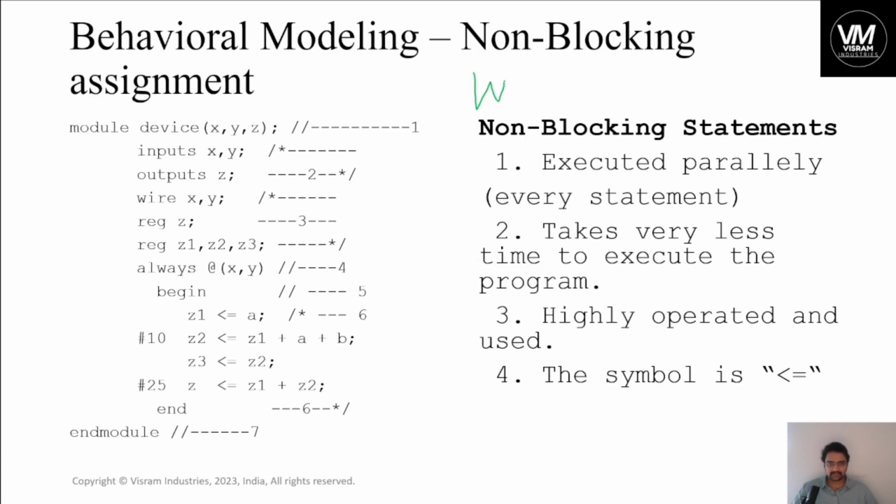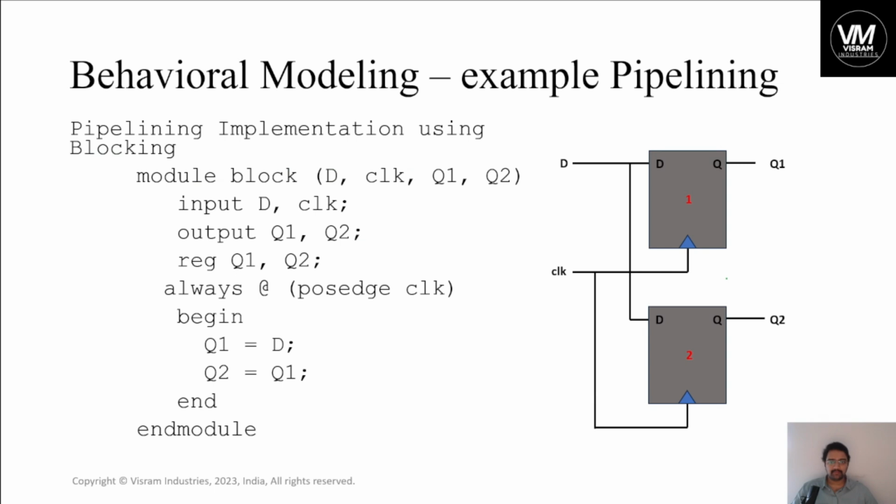All the blocks you write in the always should be written in parallel, not coming back like feedback. So you should write them as assignment statements. That would be the advantage.